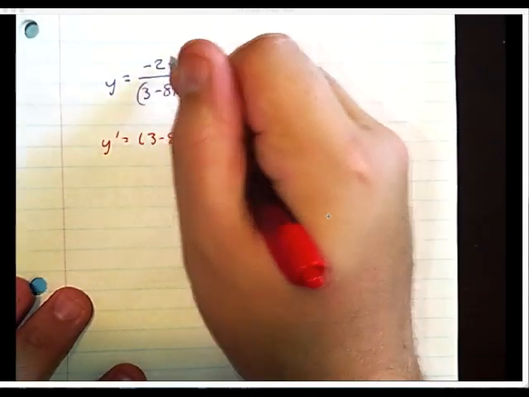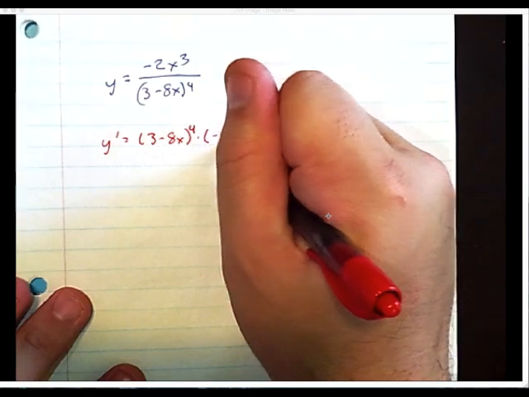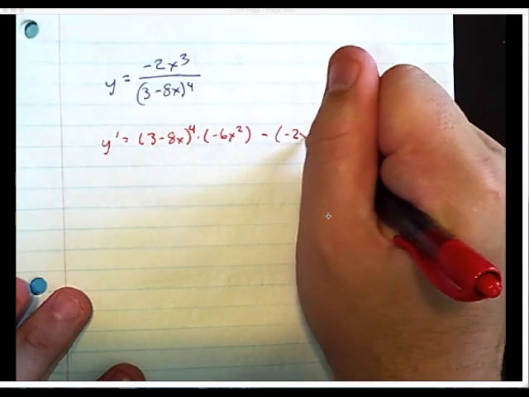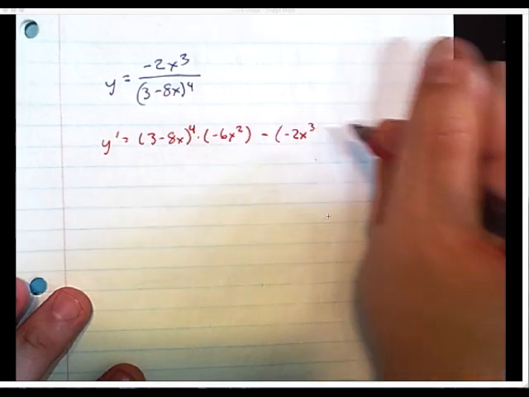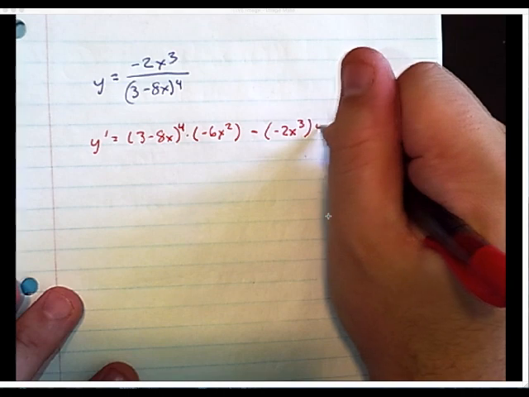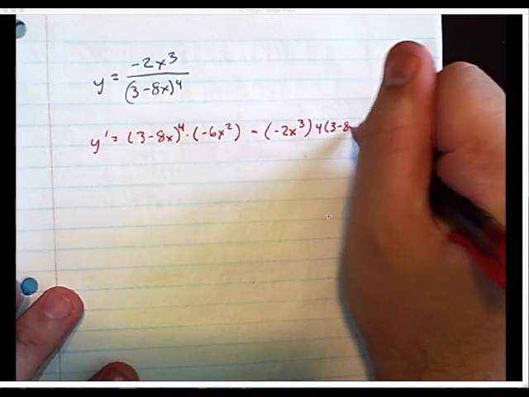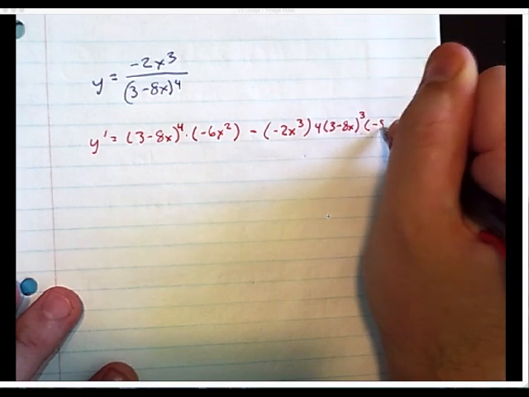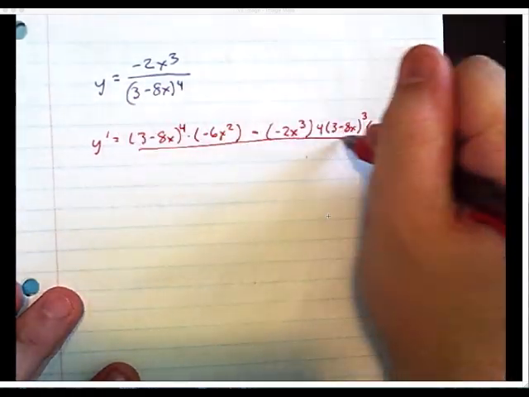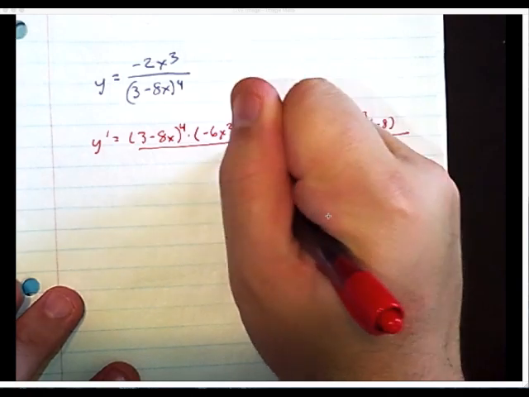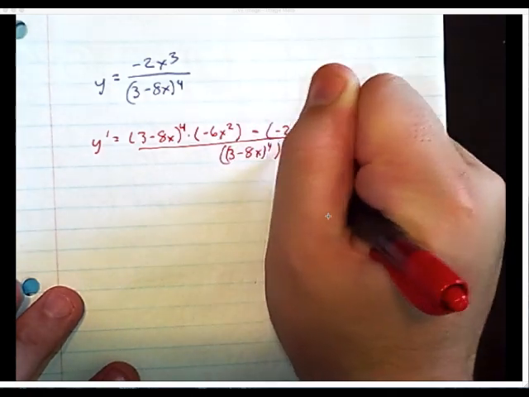D high, derivative of high would be negative 6x squared, minus high D low, so derivative of low, you'd have to use the chain rule, 3 minus 8x to the third times negative 8, all over low squared.